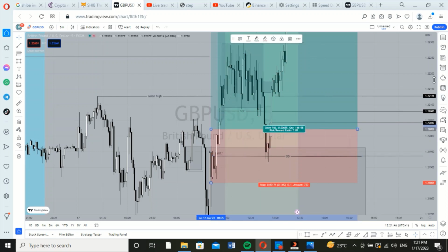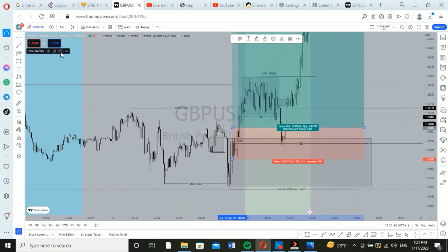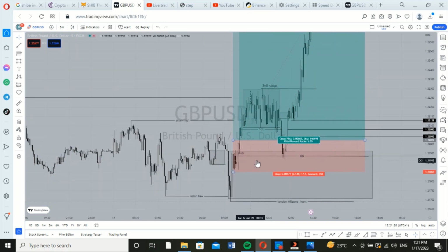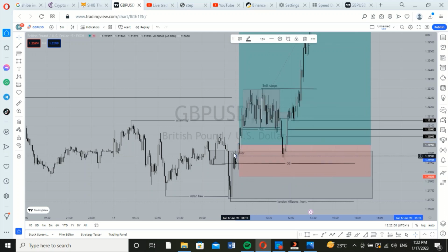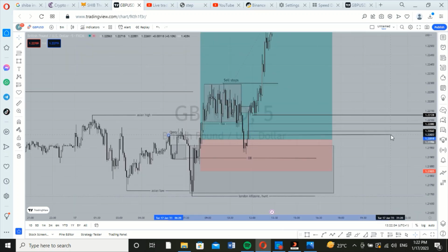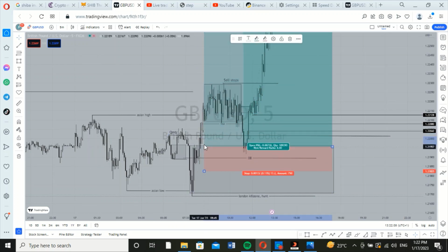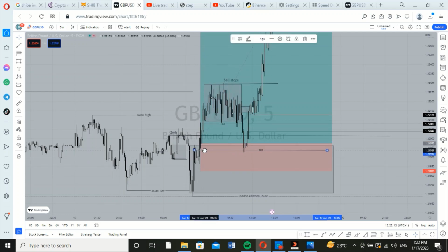So it tap, let me take this off. So it tap our area. Also I have KMT out, so I'm taking this KMT out back to where it is. So we have KMT out right there, and the demand that broke the structure was right here.